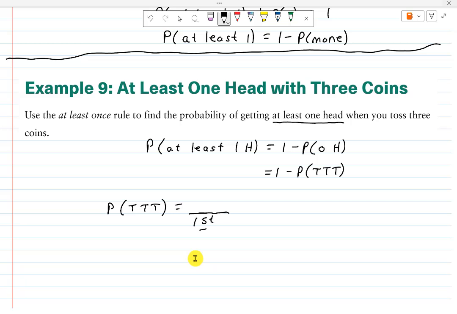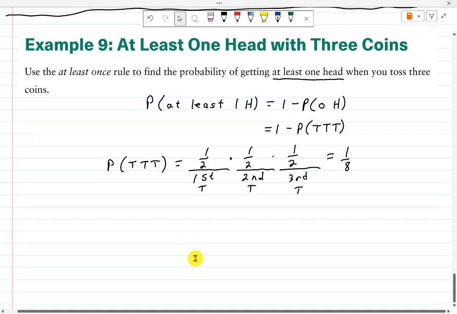So the first coin would be a tail, the second coin would also be a tail, and the third coin would also be a tail. Each of those tails can happen with a probability of 1/2, so this whole thing equals 1/8.